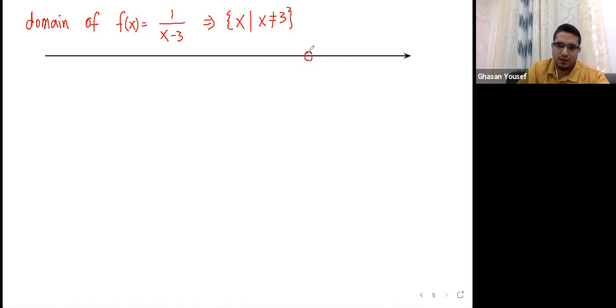All numbers are in the domain except the number 3, which is an open circle, not included.